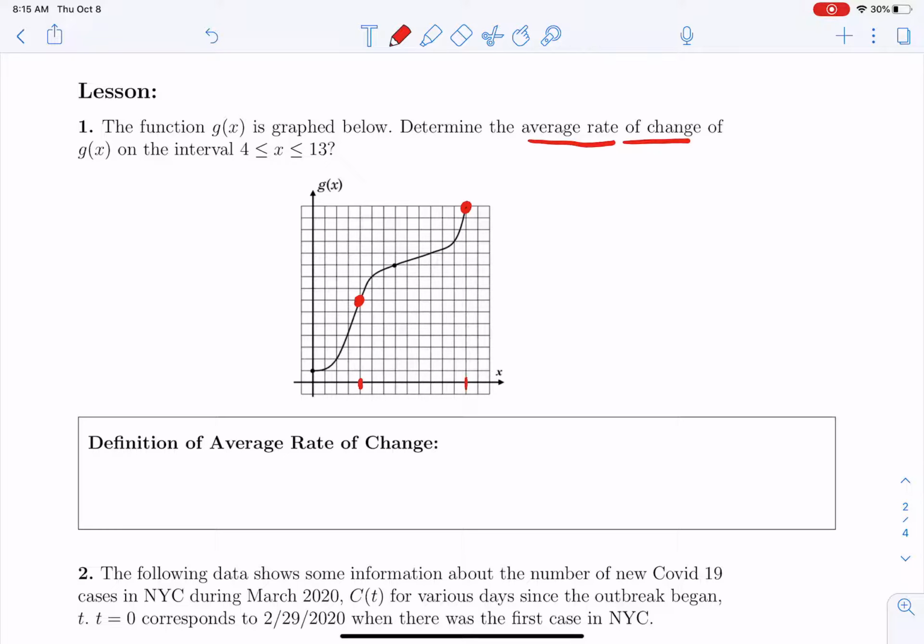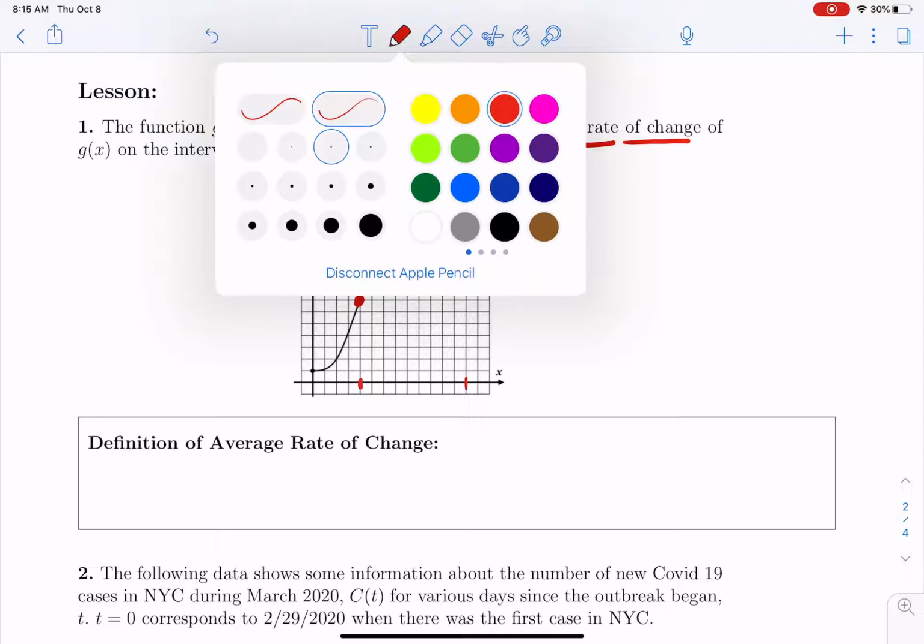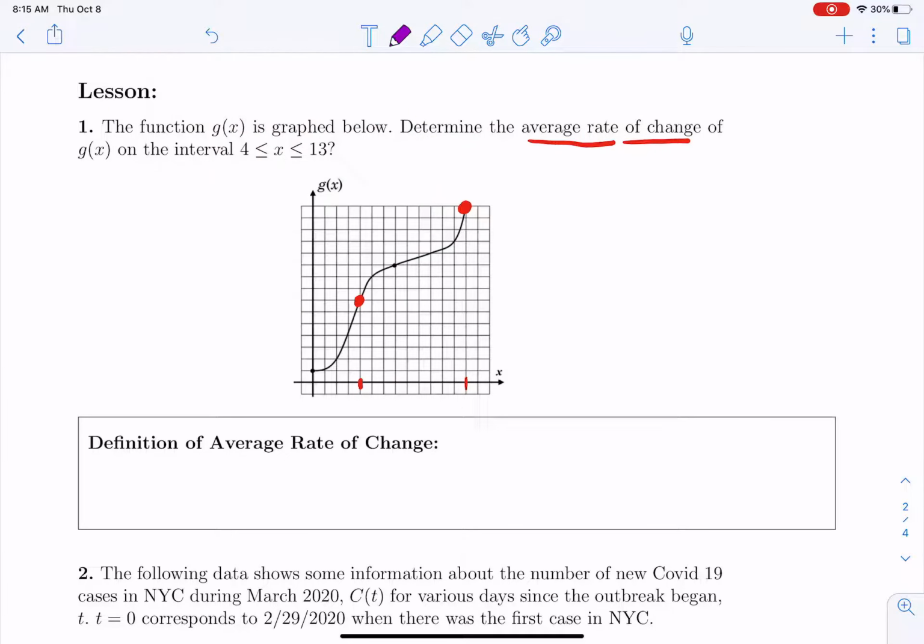So that's the point on the curve there. So if I'm interested in the average rate of change on that interval, the way I can think about that is what is the slope of the line that connects those 2 points? Because that's on average how that curve is changing between 4 and 13.